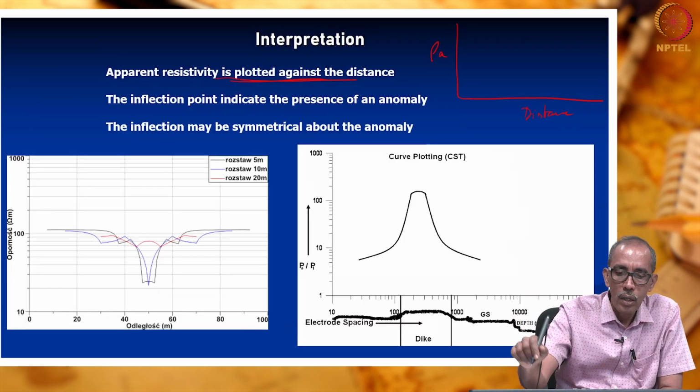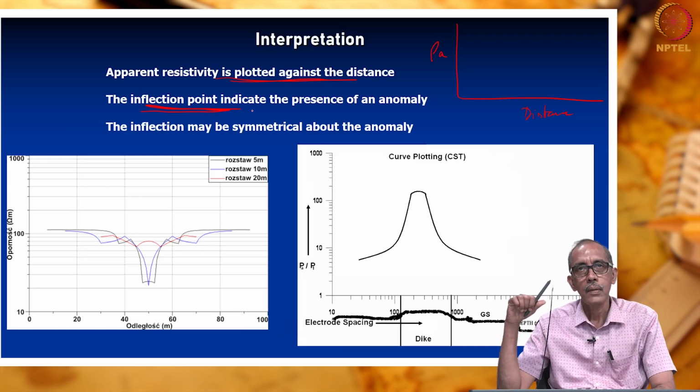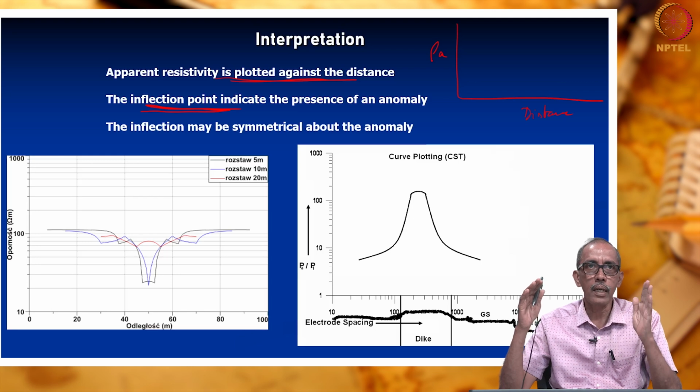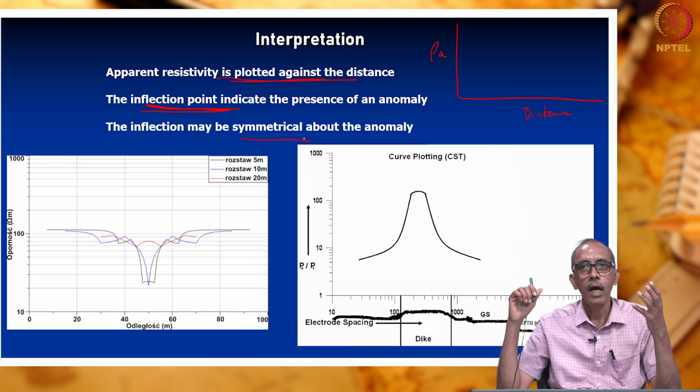After plotting this, any major change in the apparent resistivity possibly indicates an anomaly or the contact between different lithological formations. Sometimes if it is very symmetrical, as I have written here, it probably indicates an anomaly.